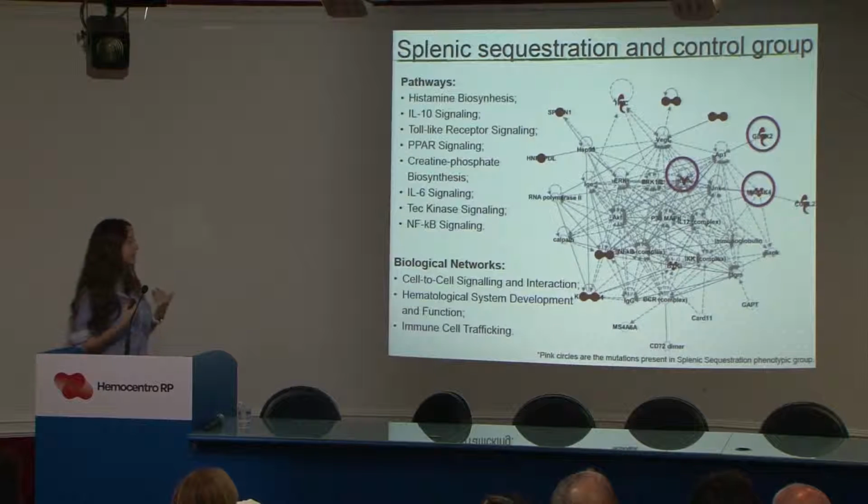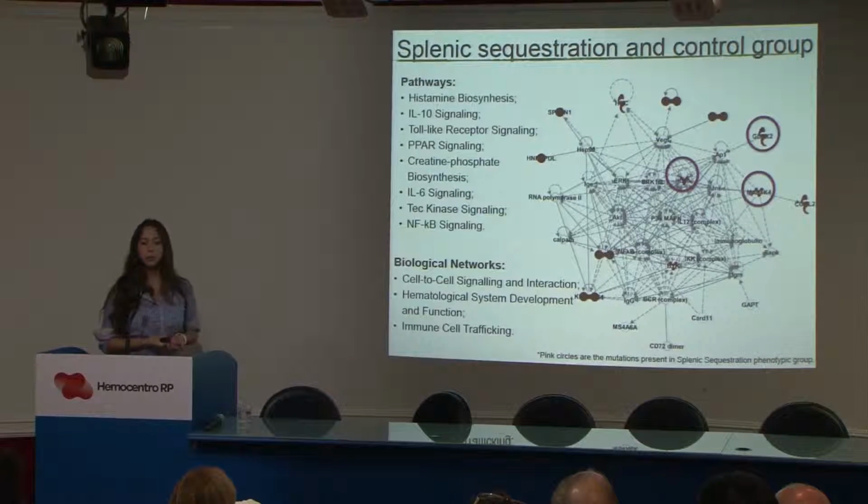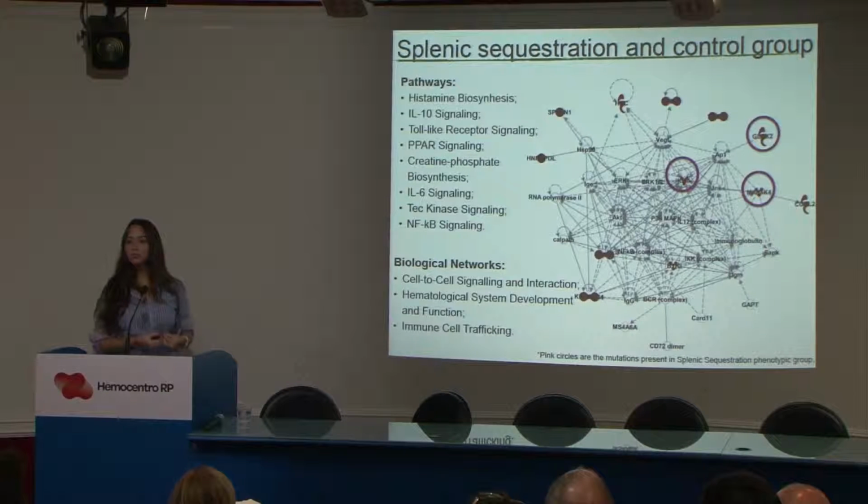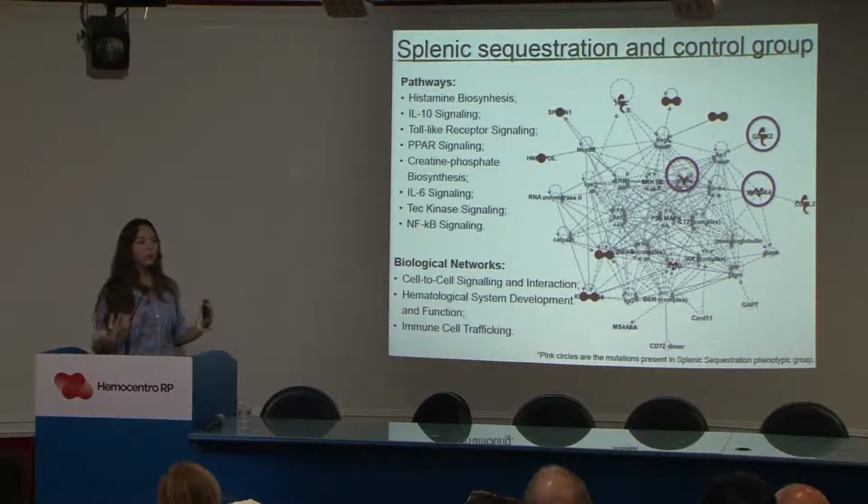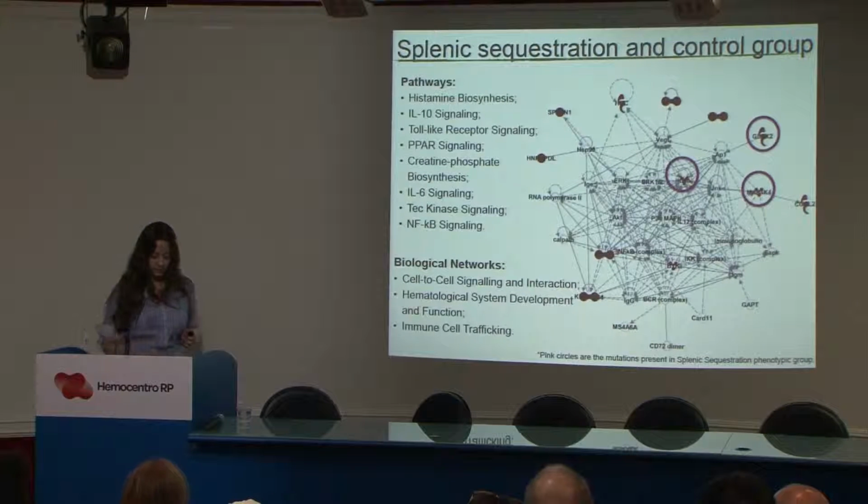So this was an interesting result, but we need to study these genes, understand their function in the disease, and try to understand what is going on here. It's not a simple causative mutation. Maybe it is a pathway or a lot of mutations involved in this disease.